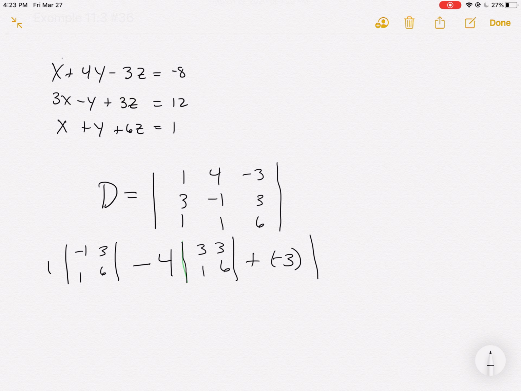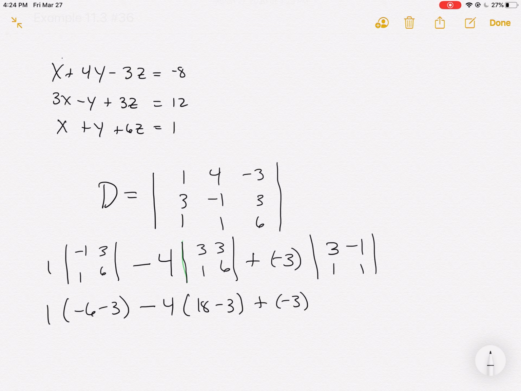And its determinant would be the one on the right hand side, the 3, 1, negative 1, 1. And then you're running that determinant, 1 times negative 6 minus 3, minus 4 times 18 minus 3, and plus a negative 3 times 3 plus 1 coming out of that.